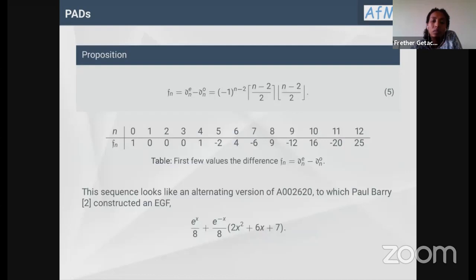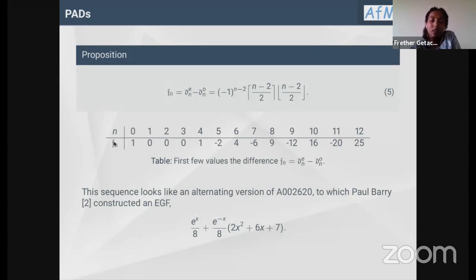We also try to see the difference of these two numbers. If we take the difference of the numbers that count the even parts and the numbers that count the odd parts, we get this formula. We have given a bijective proof for this one, and we distinguish what kind of parts are counted by this Fn, or counted by this difference.